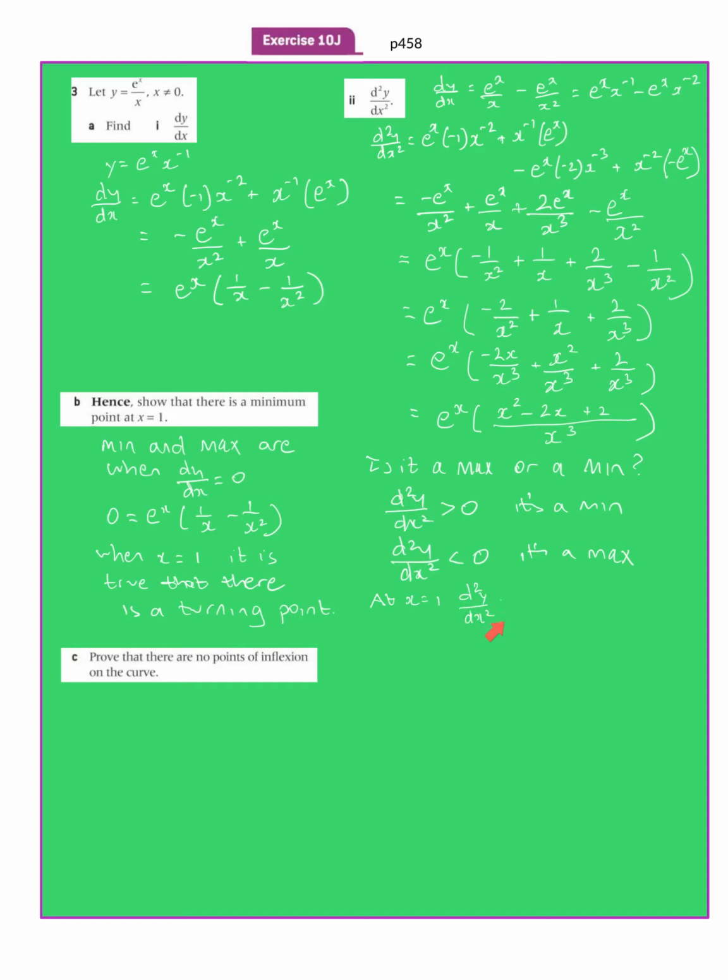So it's e to the power of 1 times 1 squared minus 2 times 1 plus 2 all over 1 cubed. And that comes down to e times 1, which is e. Now e is greater than 0, so hence it is a minimum. Okay, so that's that part.